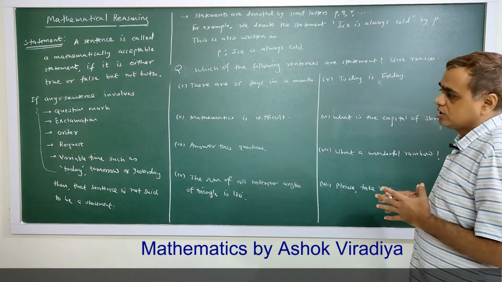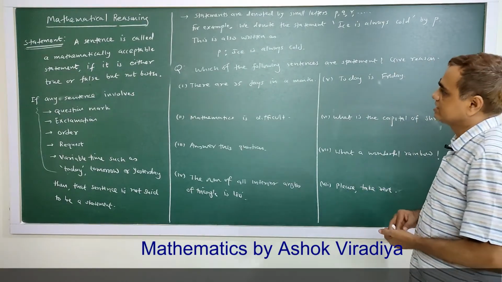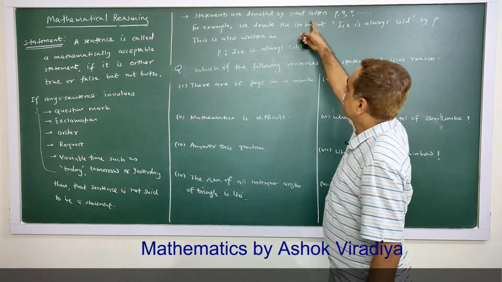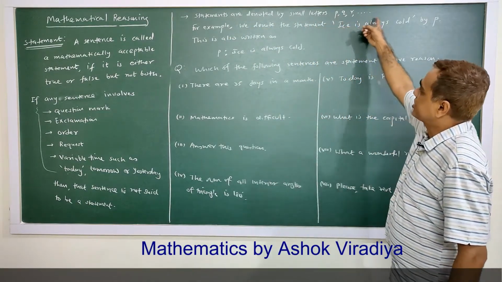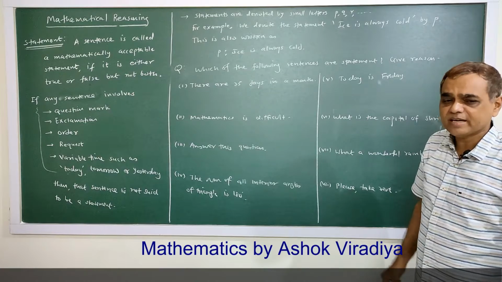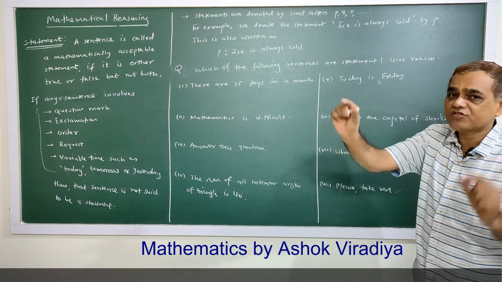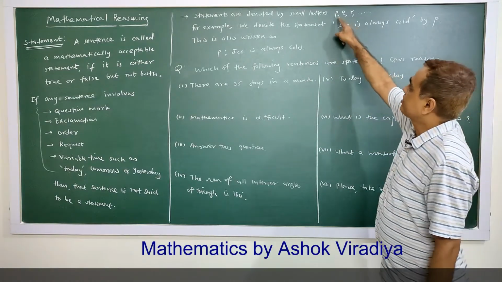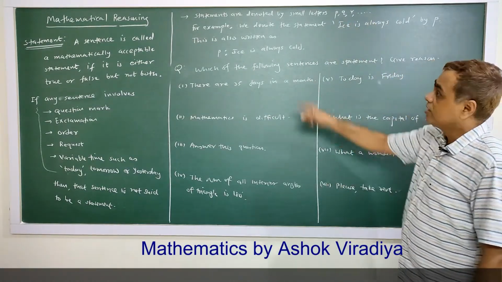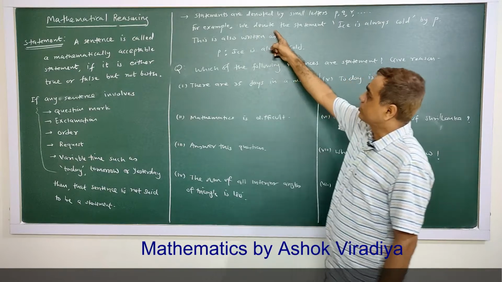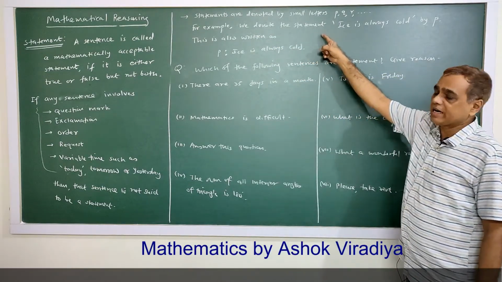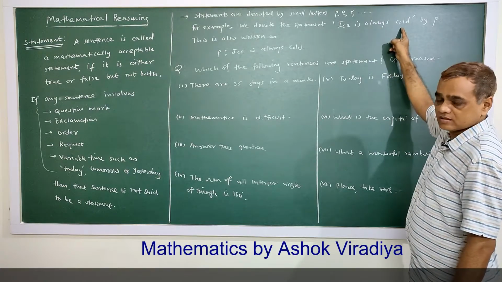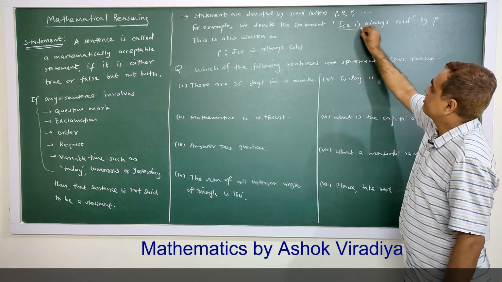Now, statements are denoted by small letters p, q, r, etc. That means the label or name of the statement. For example, take the statement "Ice is always cold."